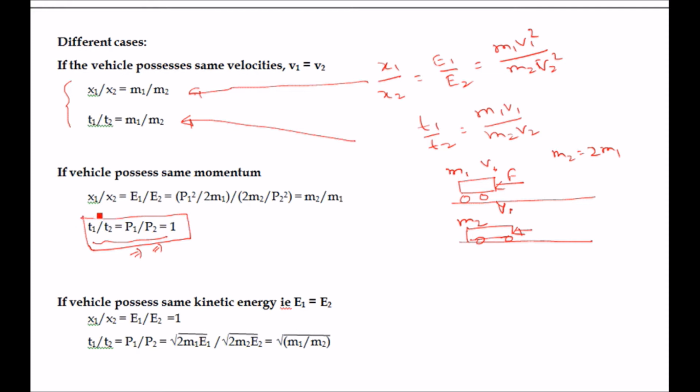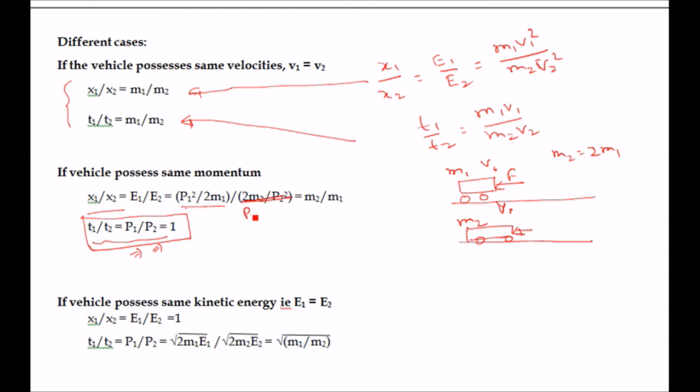So how do we calculate it? The stopping distance ratio x1 by x2 is equal to E1 by E2, or change in energy. Stopping distance is directly proportional to change in energy for a constant force, and energy is p1 square by 2m. I just write energy in terms of momentum. So for the first vehicle, p1 square by 2m1, and for the second vehicle, p2 square by 2m2.